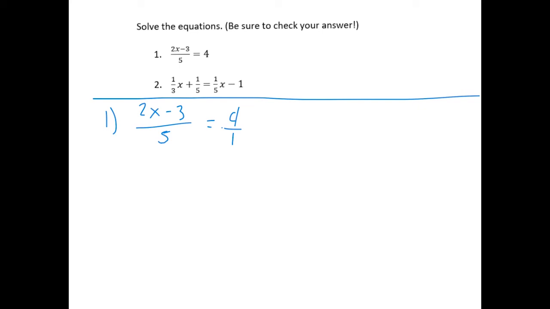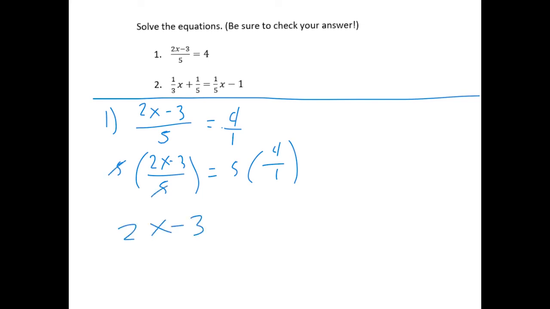So the way that we kill the fractions is we multiply through by the least common denominator to get rid of the fractions. So in this case, it's going to be 5. So we're going to have 5 times (2x minus 3) over 5 equals 5 times 4 over 1, or just 4. So 5 is going to cancel with 5 and just leave us with 2x minus 3.